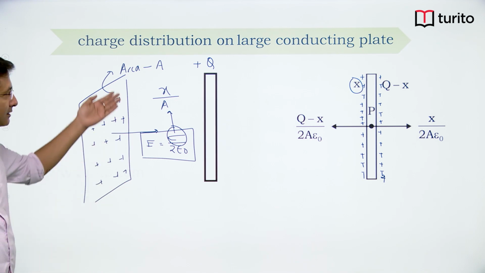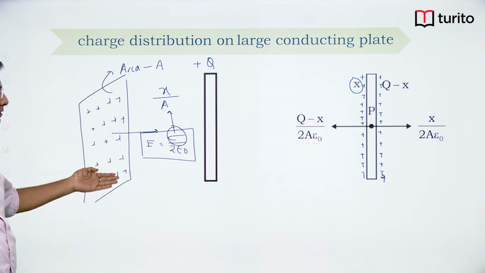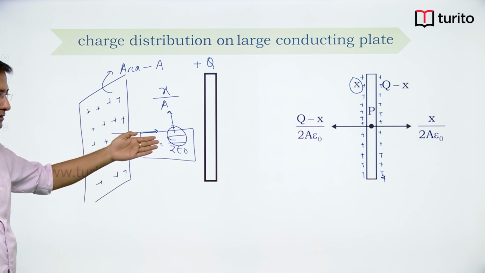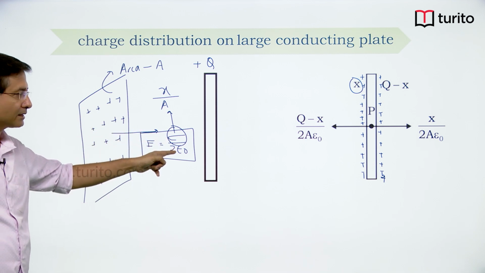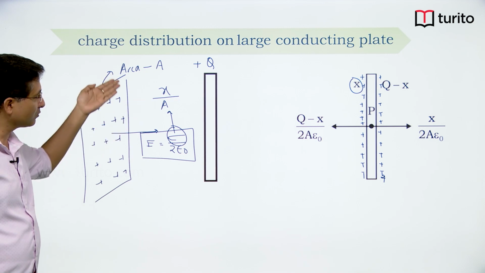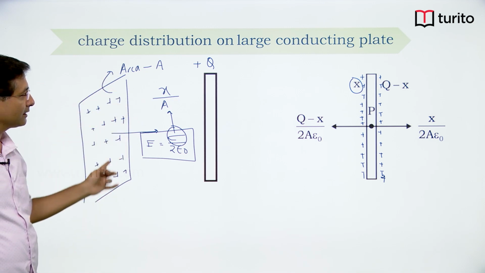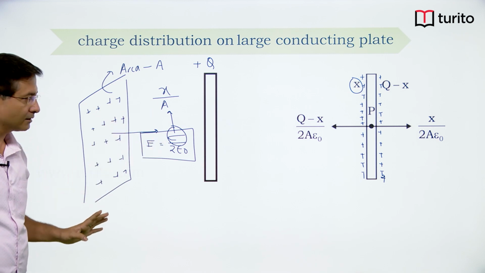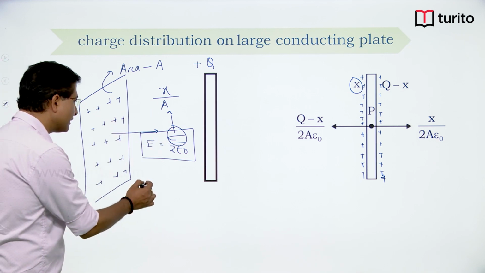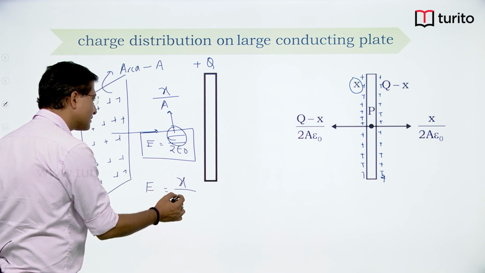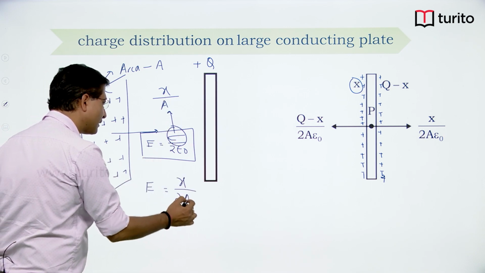So, one side charge is say x, the formula is sigma upon 2 epsilon naught, x divided by total area, as the plate is very large, right. Whatever be the total area that we divide by, we will get sigma. So, the field expression we get because of this one side x charge is x upon 2A epsilon naught.